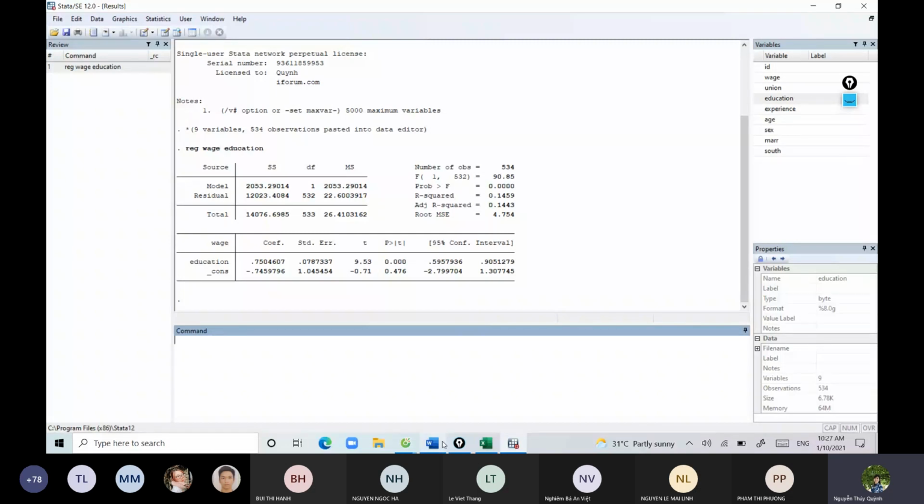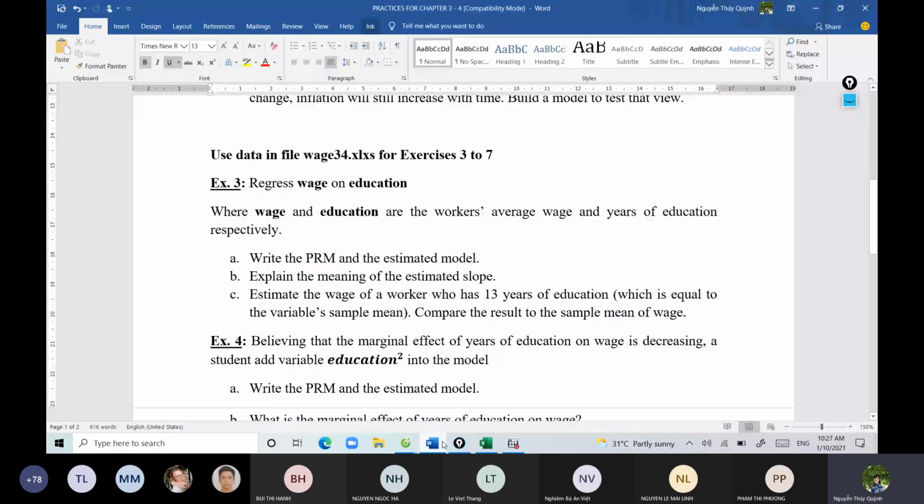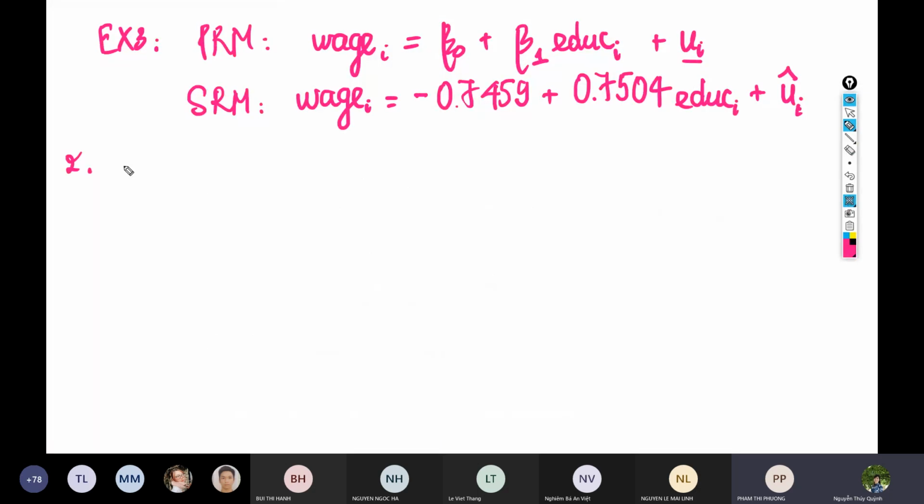Now, explain the meaning of the estimated slope. I think the estimator shows the relationship between the wage and education years of the workers. So what is the value of the estimated slope? 0.75. Okay, so what is the meaning of it?